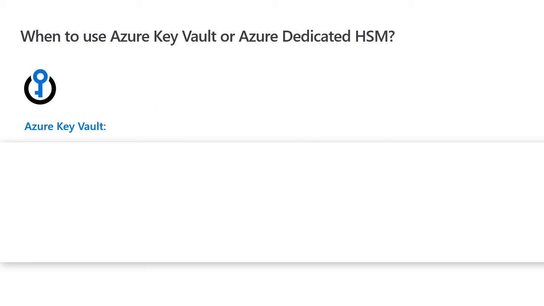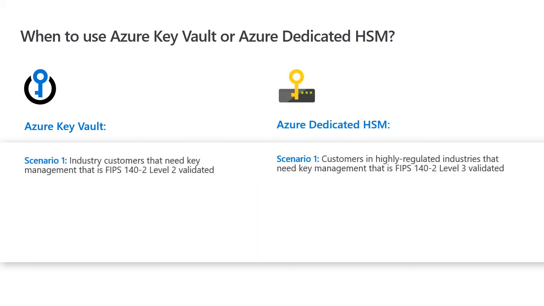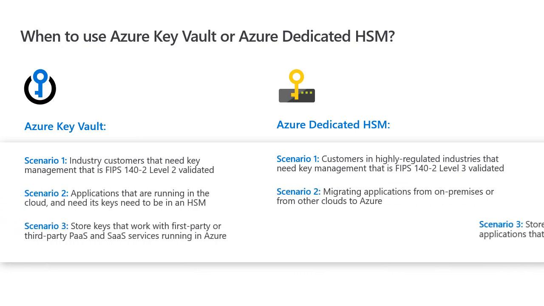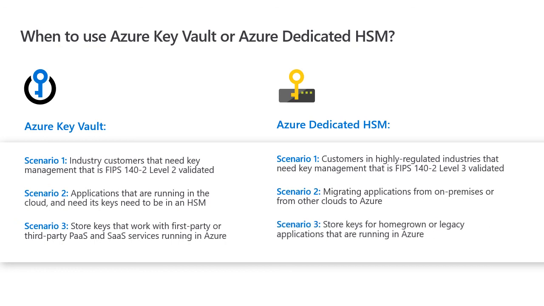Now, we already know, for those of you who are Azure veterans, that we have a service called Azure Key Vault, which is where you store your encryption keys. We have created this new service called Azure Dedicated HSM, or Hardware Security Module. It does the same thing except that it provides a higher or different level of security.